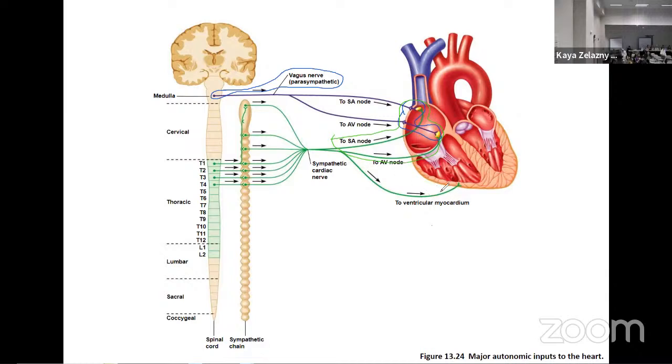The sympathetic nerves are also connected to the heart muscle itself, so you can see this connection to the ventricular myocardium, okay? Which means that your sympathetic nervous system can affect not only the heart rate, but also the stroke volume, because it can affect how hard your heart clenches, basically the effectiveness of that contraction.